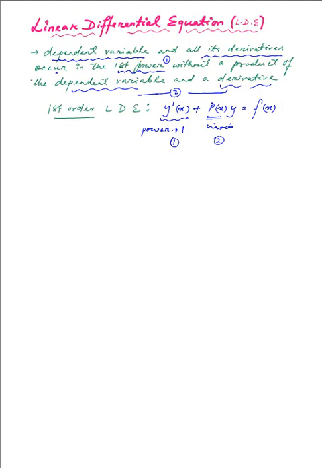Now we can have the second order differential equation as well. The second order linear differential equation will have the double derivative, that is y double prime of x, plus p of x times y primed, which means the derivative of y along with any function of x.